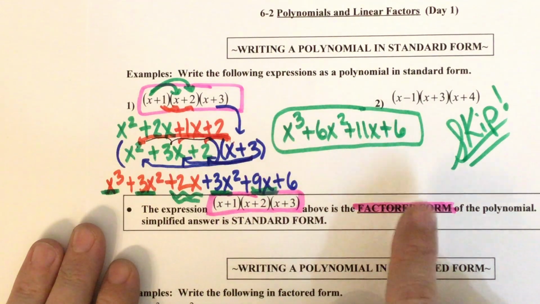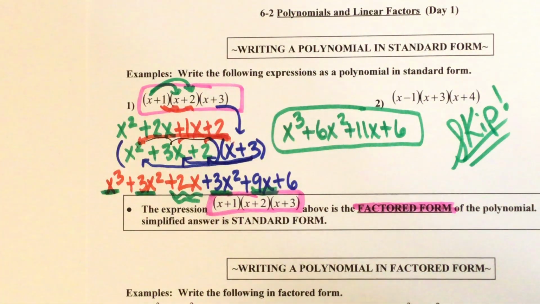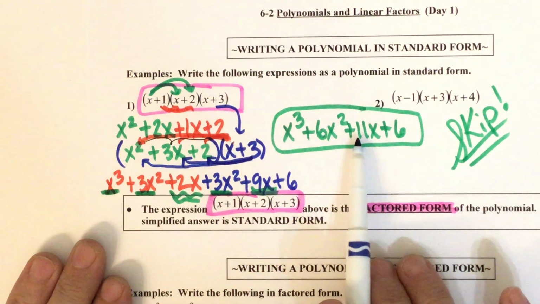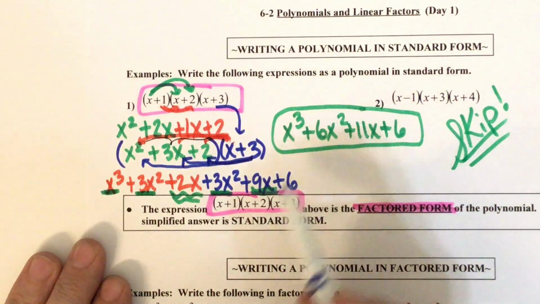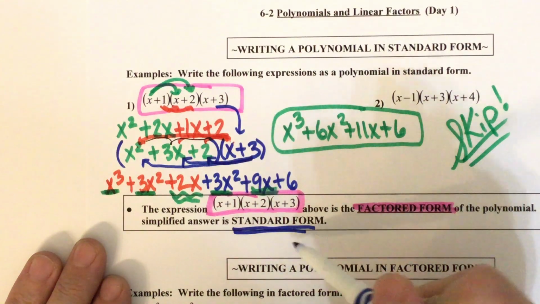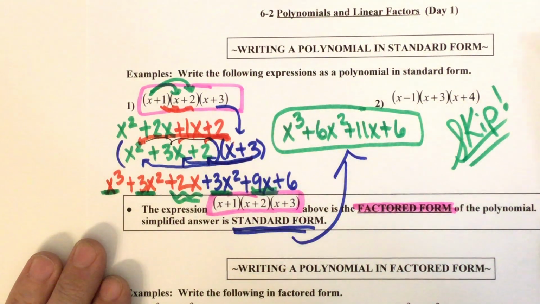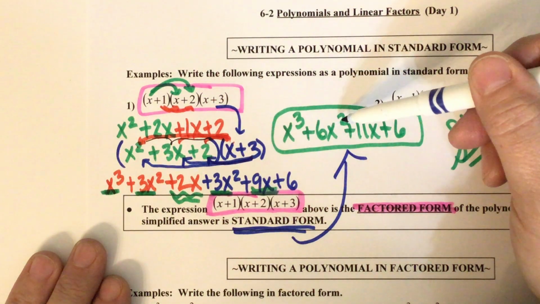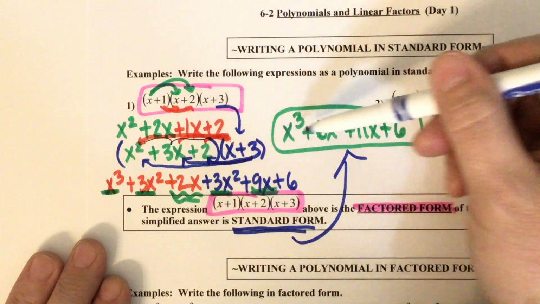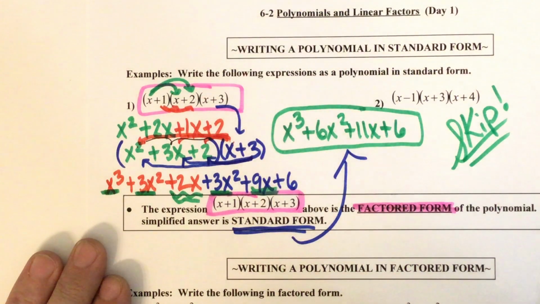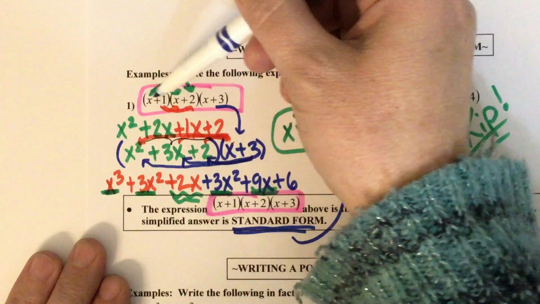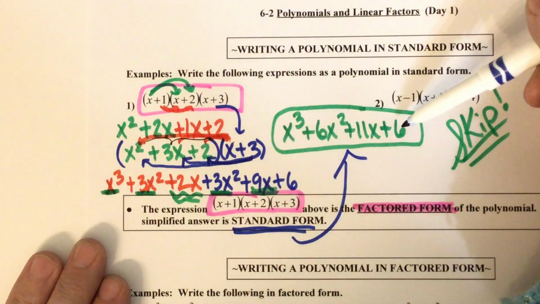Then when I multiplied it all out and I got my answer to look like this, that is called standard form. So standard form is when it's all multiplied out and it goes from highest exponent to lowest. So this is standard form, this is factored form. So we just went from factored to standard.